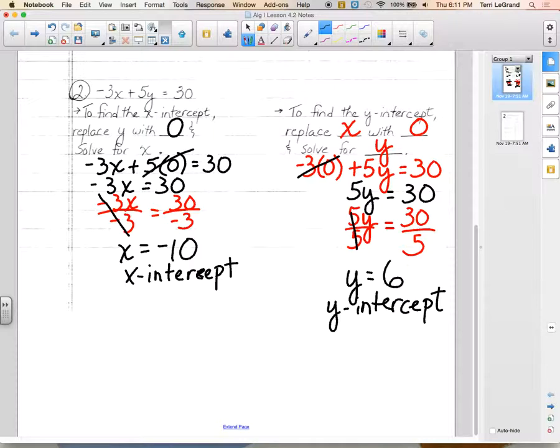Another point to help us graph this equation would go at +6 on the y-axis. We have 2 points to draw our line through. So finding them algebraically, the one you're looking for, replace the other variable with 0.